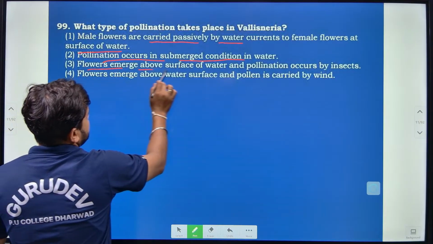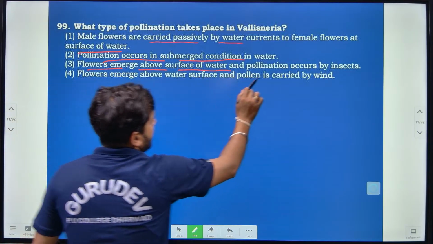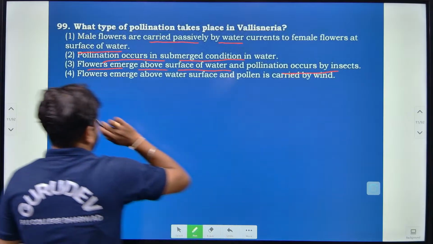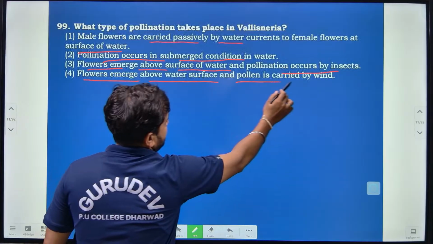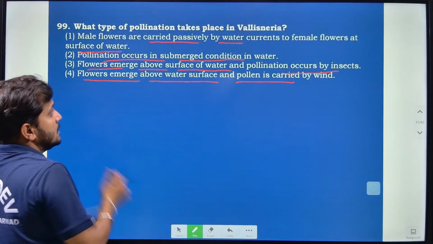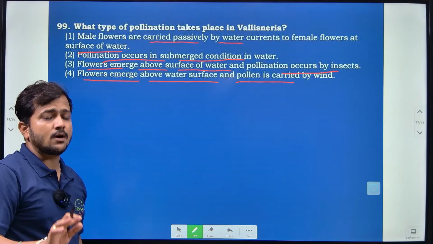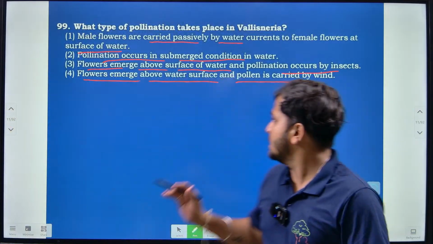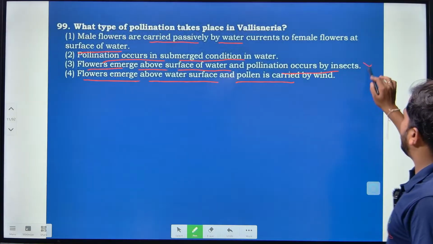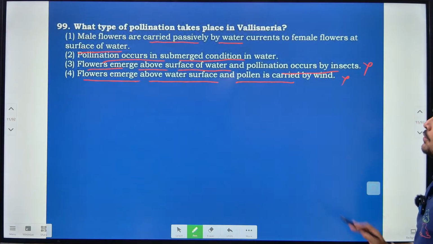Then: flowers emerge above the surface of water and pollination occurs by insects. Then: flowers emerge above the water surface and pollination is carried by wind. As Vallisneria is a water plant, a hydrophyte, insect pollination and wind pollination are not going to take place.